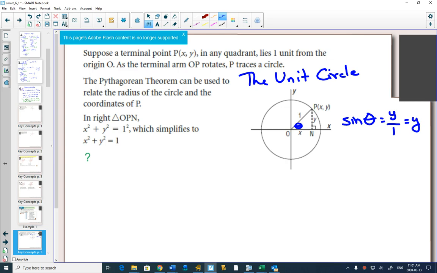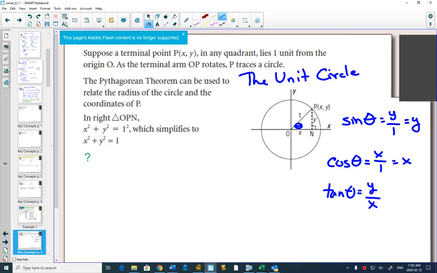And cos is the adjacent over the hypotenuse, which is x over 1, which simplifies to just x. And tan is the opposite over the adjacent, so you get y over x. Now, that doesn't seem too crazy, and it isn't too crazy.